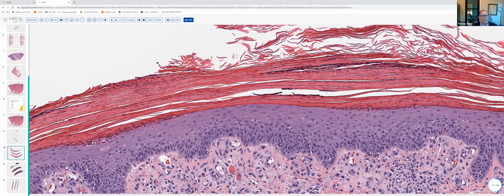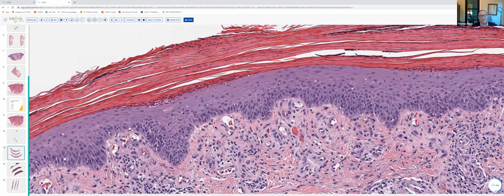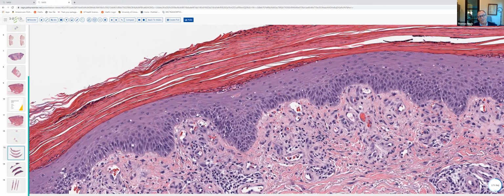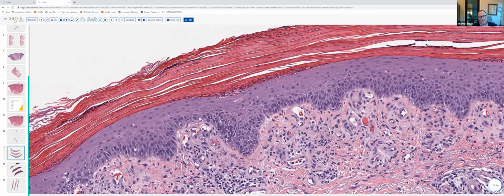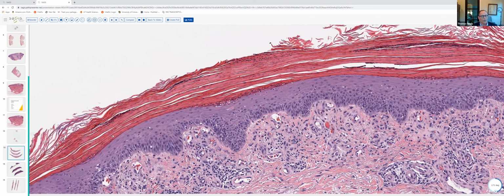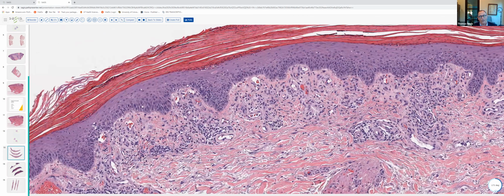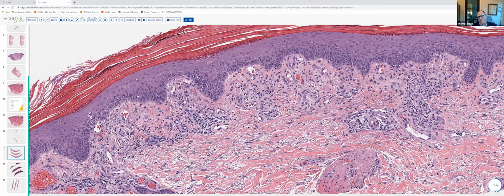And just like we saw in our case of plaque-like psoriasis, there are dilated vessels in the papillary dermis and thinning of the suprapapillary plates. This biopsy was from the lower extremity, and you can see we've got a little bit of nodular angioplasia or stasis-related change, and an infiltrate of lymphocytes and a few neutrophils.